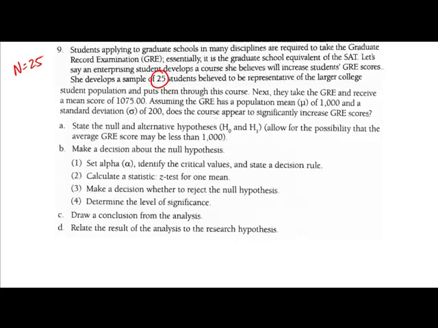Next, they take the GRE and receive a mean score. So her sample mean score is 1075. Assuming that the GRE has a population mean of 1,000, which we can actually know because as a standardized test, they actually publish their distributions, and a standard deviation, population-wise, of 200.